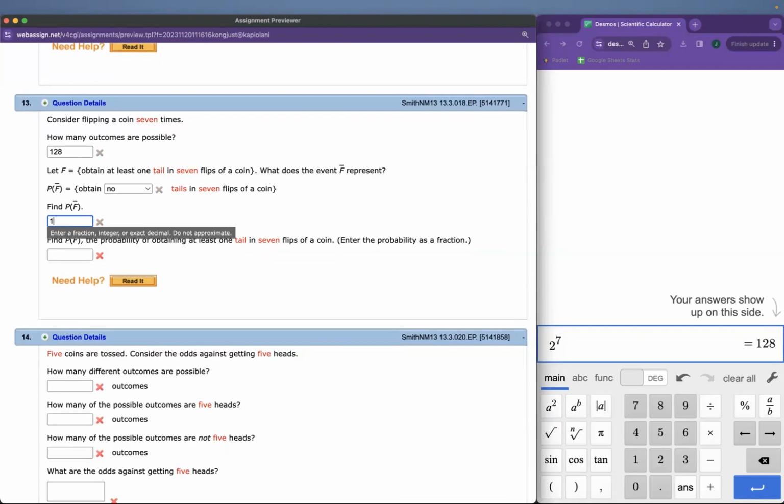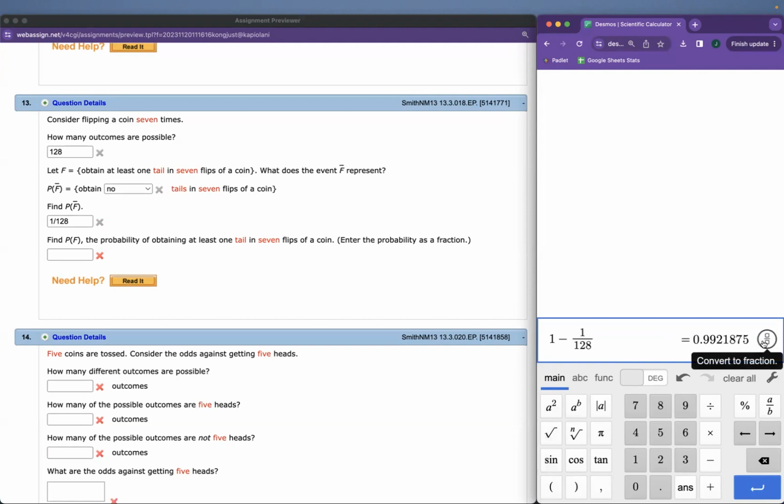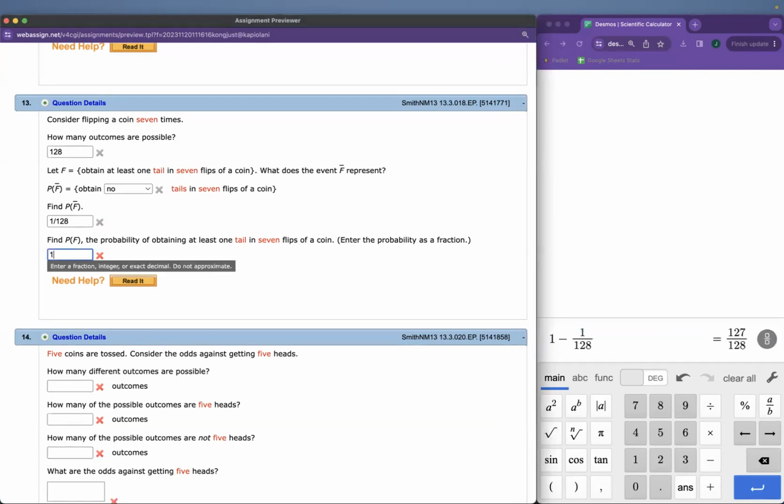Well, there's only one way to get 0 tails out of 128. It says enter fractions, okay? And then find the probability of F. The probability of obtaining at least 1 tail would be 1 minus that, right? Remember the law of complements? It would be 1 minus 1 out of 128, which is 127 out of 128.